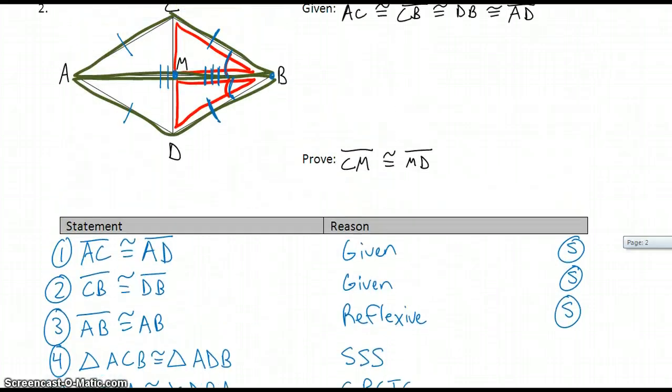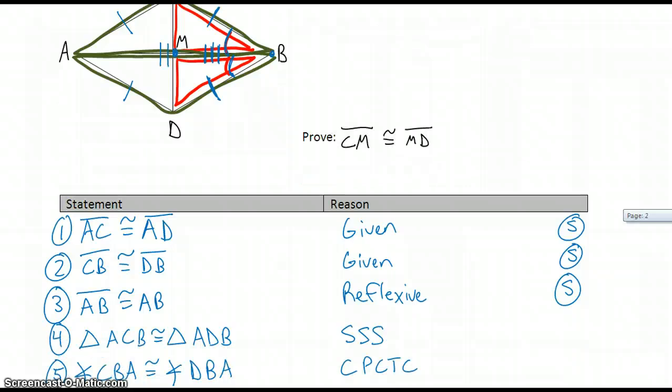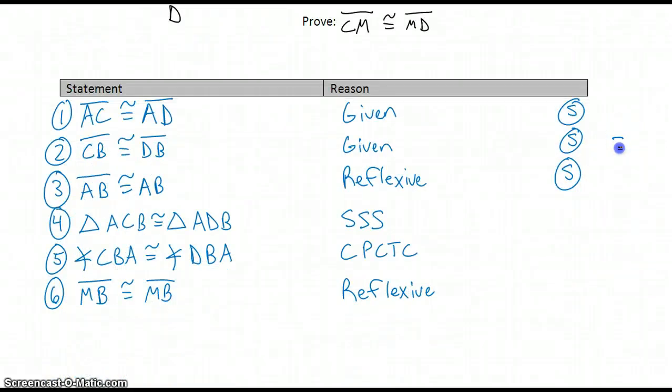So if I look, to prove that these smaller red triangles are congruent, I'm going to use side, angle, side. CB is congruent to DB. Well, I've already said that. I can use that in my proof. Angle CBA is congruent to angle DBA. I got that after proving my big triangles congruent to each other.